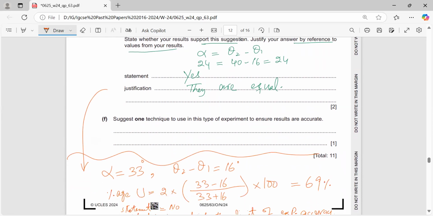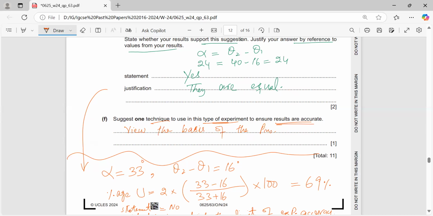Now the last point: suggest one technique to use in this type of experiment to ensure the results are accurate. Many answers can be there, but you can write, there are many pins you need to fix, so view the bases of the pins. Don't see them from the top. View the bases of the pins.